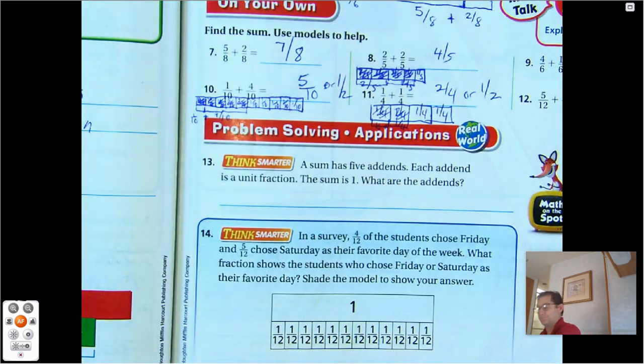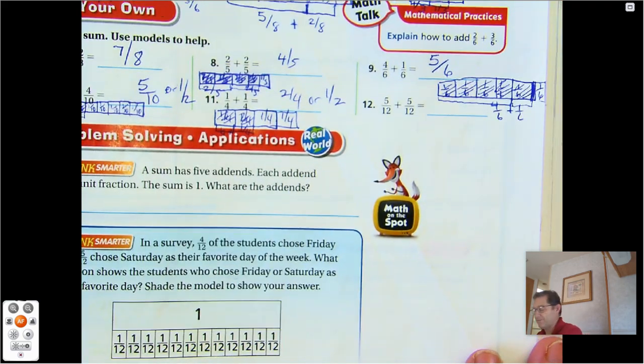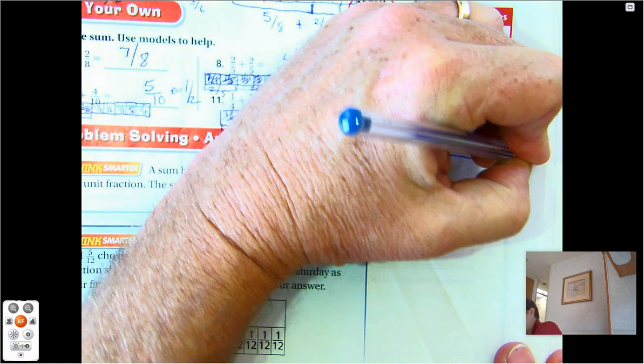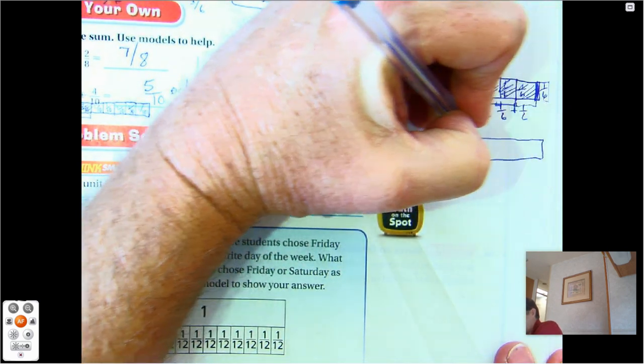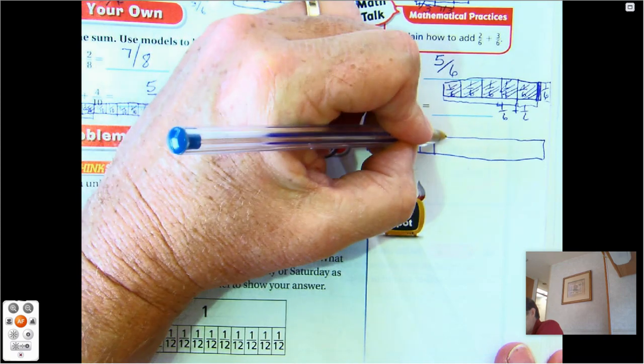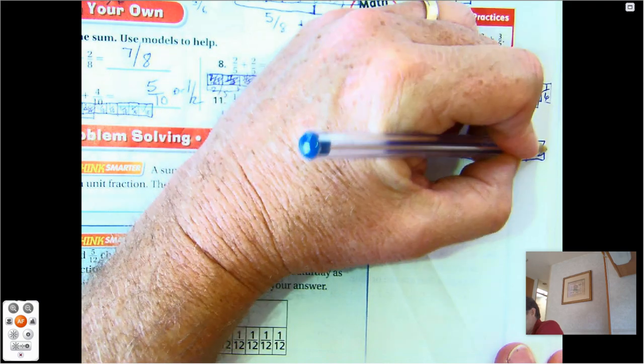Number 12. 5/12 plus 5/12. 1, 2, 3, 4, 5, 6, 7, 8, 9, 10, 11, 12. Okay, each of the pieces is 1/12.